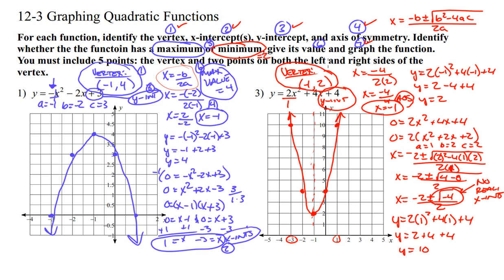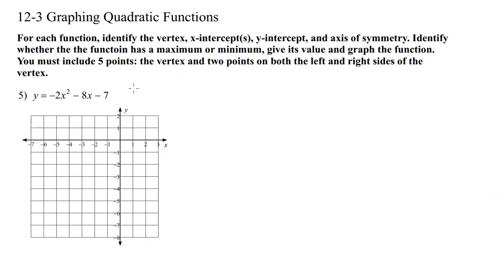Okay, one last one to do, number 5. So we're going to do all the same stuff here. So let's do, let's see, vertex. We're going to come up with that there. So the x value of the vertex is going to be negative, if you'll remember, negative b over 2a.